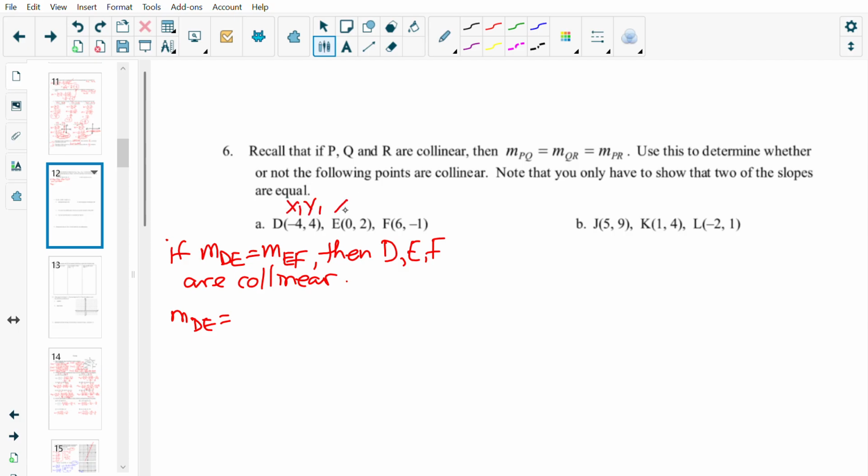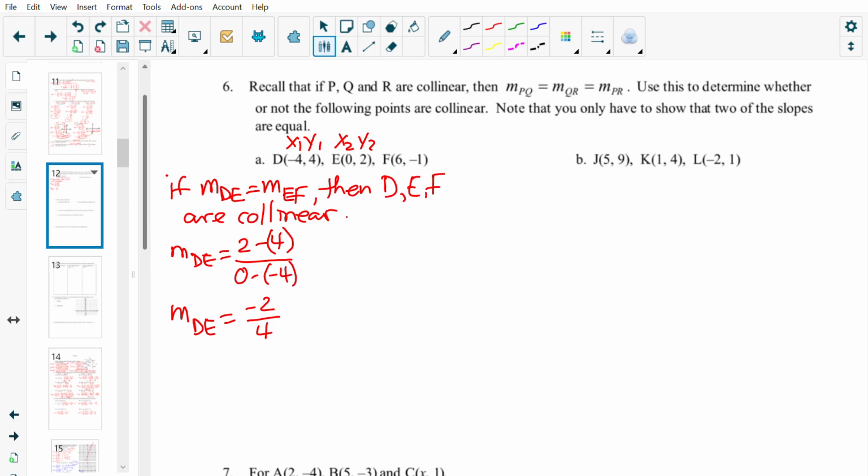So DE, if I go x1, y1, x2, y2, that is 2 minus 4 over 0 minus -4. That's -2 over 4, or otherwise known as -1/2.